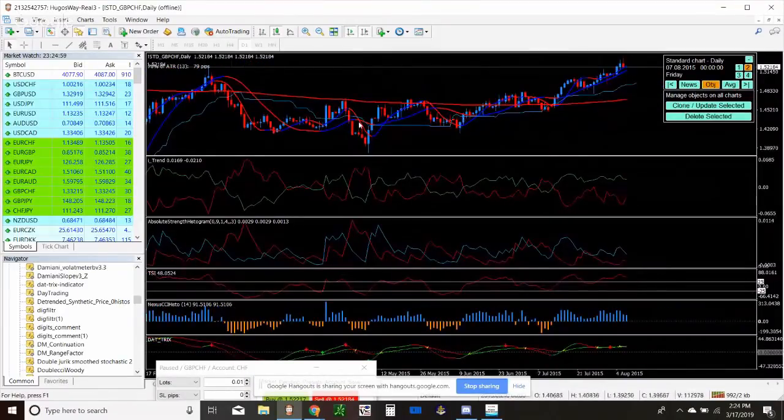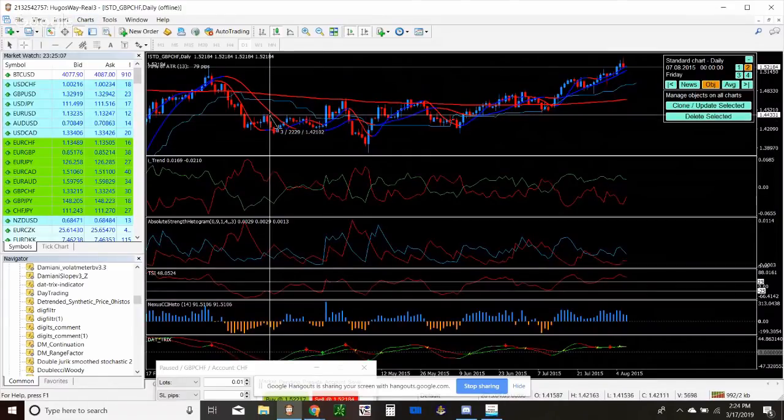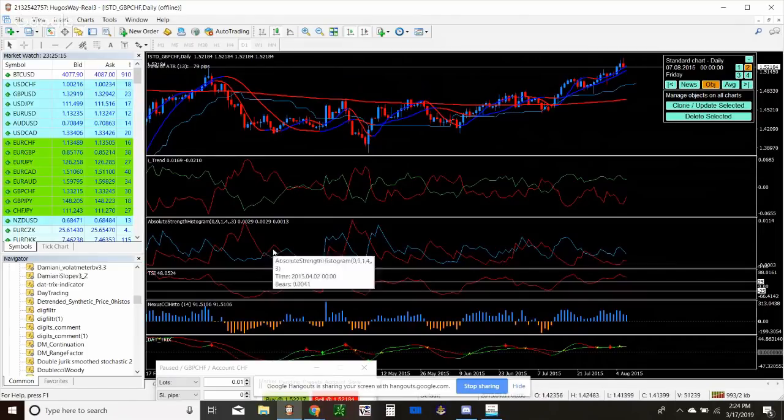Okay, but we don't really want to get in on that downtrend. I don't know if that's enough to get us the pips we need. I doubt it. Well, I guess it is 300 pips. We are on the daily, so more pips than I thought. So that would get you in there as well.